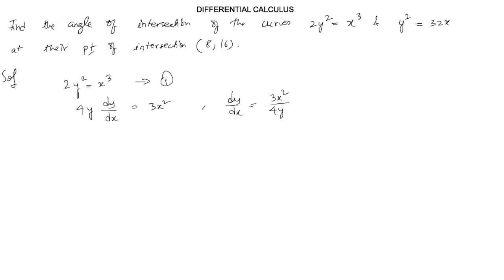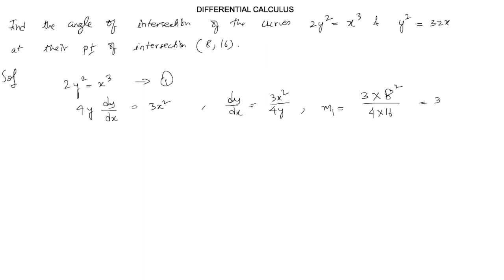Now m1 would be the slope of the tangent at (8, 16), that is 3 multiplied by 8 square, divided by 4 multiplied by 16, which gives 3. We got the slope of the tangent at (8, 16).